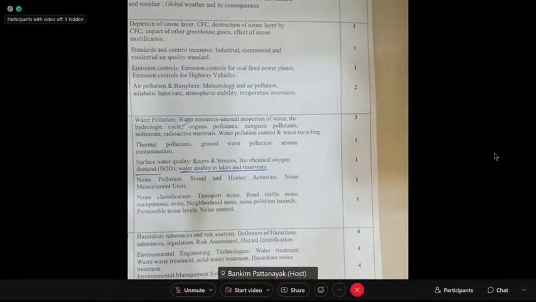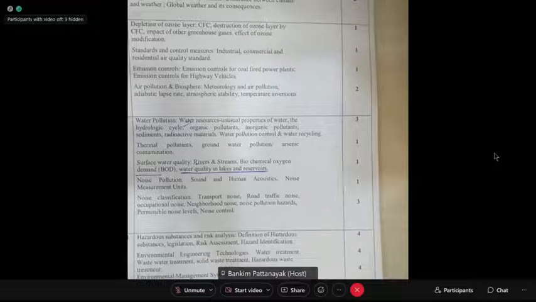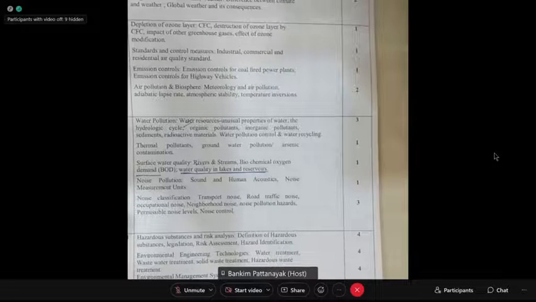There is thermal pollution of the water bodies that we have already taken up, and we also did one numerical on this thermal power plant. In a thermal power plant, it takes in the water, because the working fluid is water.